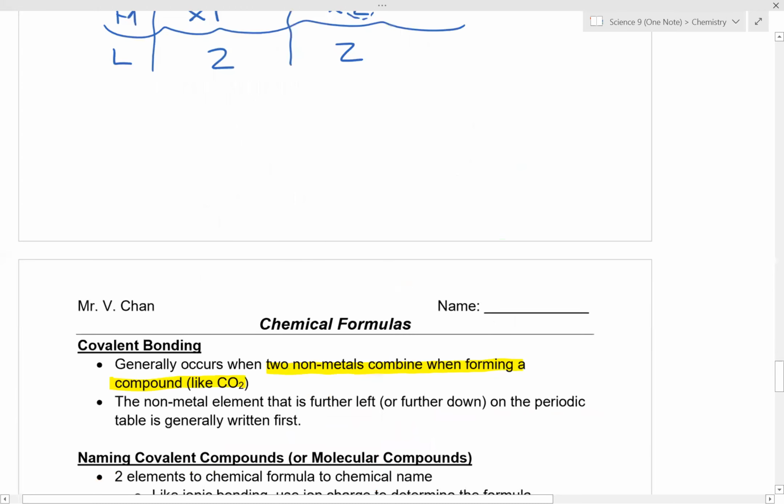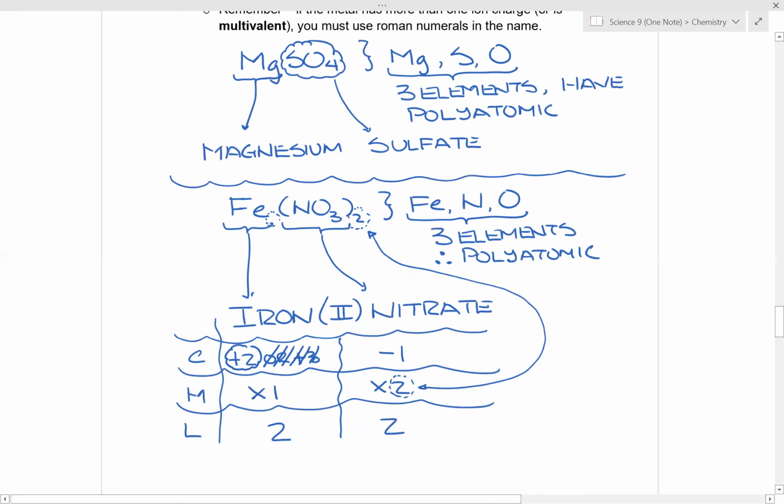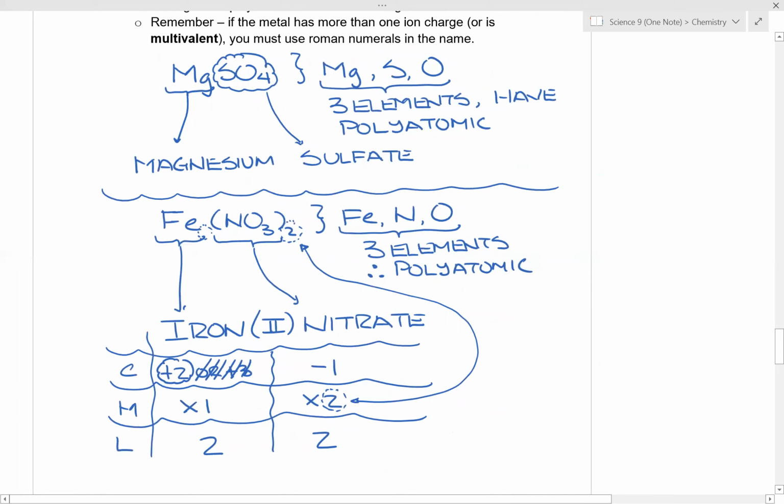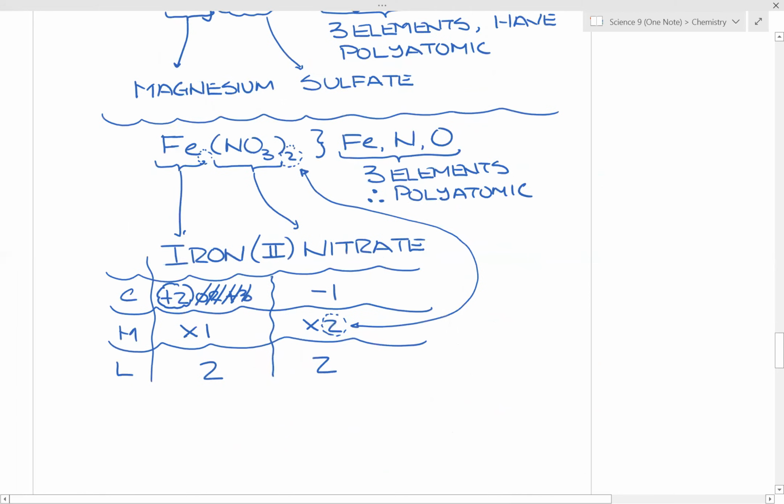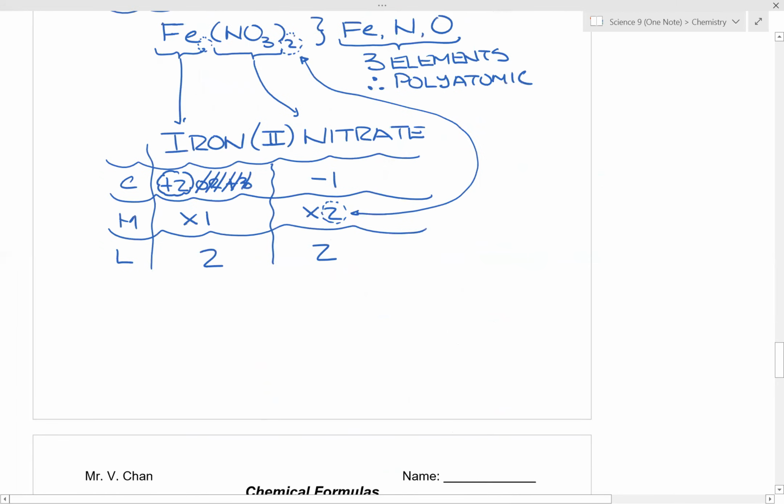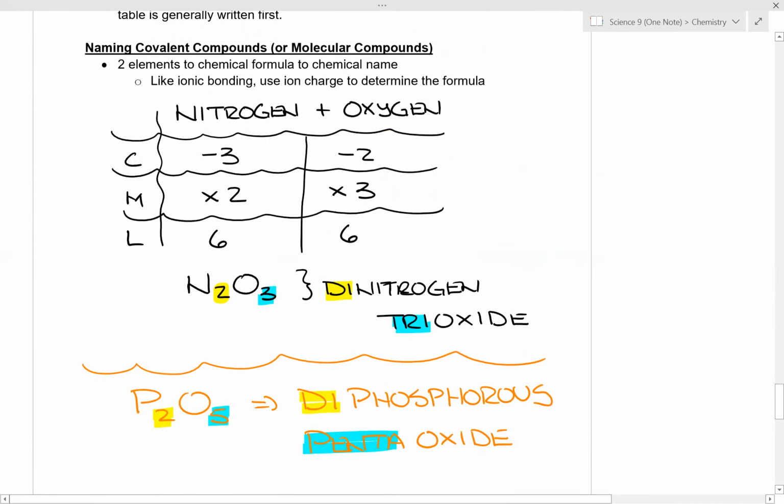Now, remember, for metals with multiple charges, we have to use Roman numerals. So that's the key difference. We're not using Roman numerals for covalent bonds, but we are using prefixes. Hopefully that's clear, and hopefully that summarizes some of the stuff you should have learned in class.